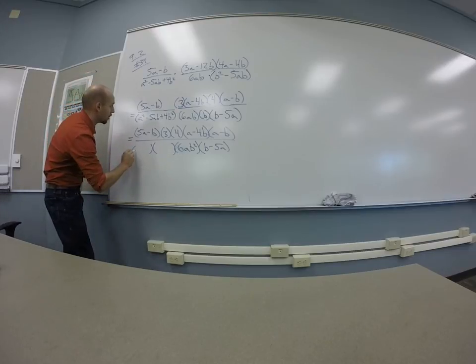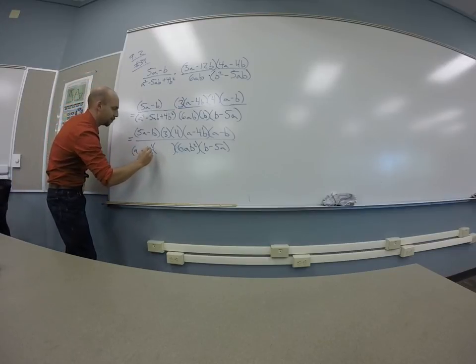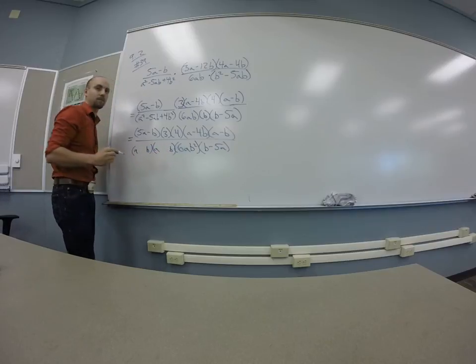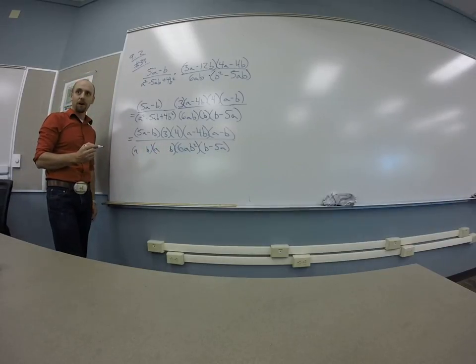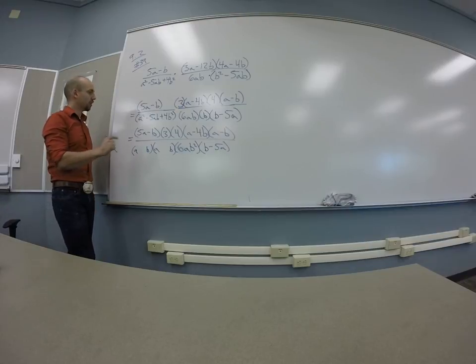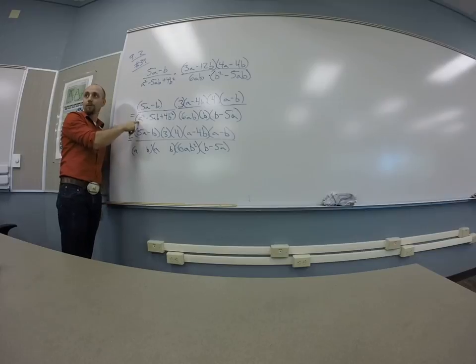Okay. Let's see. So let me start with a's and b's, right? I'm just trying to factor at this point. I'm not really sure it's going to work, right? So the coefficients on the a's have to be 1, right? Okay, the coefficients on the b's.